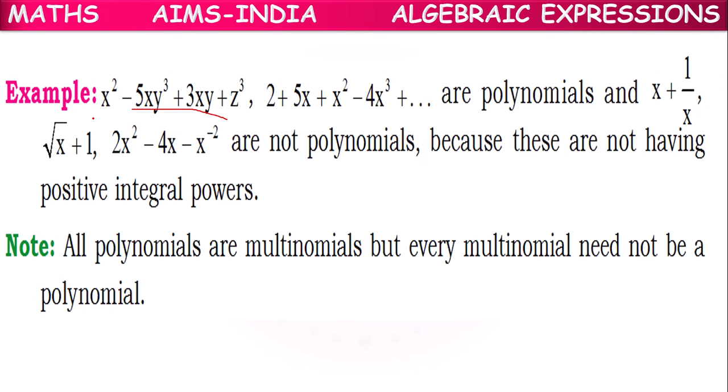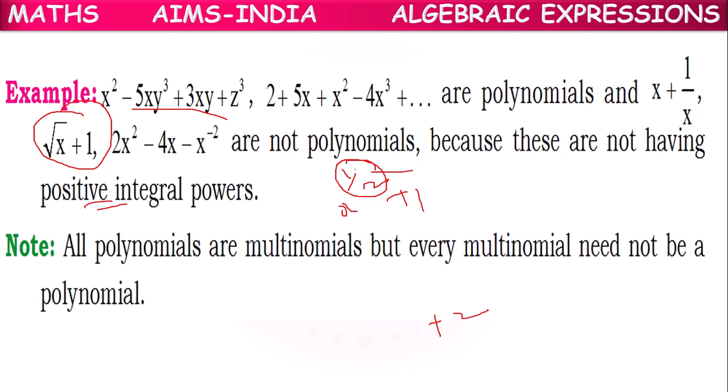Or this one, root x plus 1, root x. Root x can be written as x to the power of 1 by 2. Here also the power is 1 by 2, which is not an integer. But the rule of polynomial is that the exponent should be a positive integer.